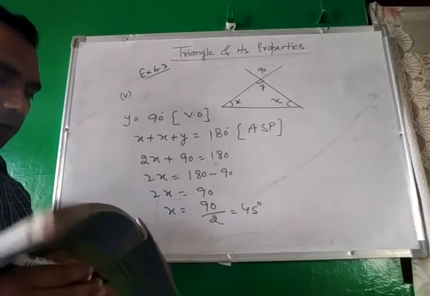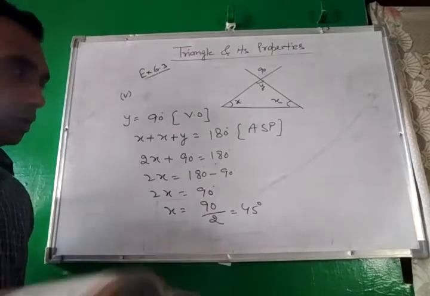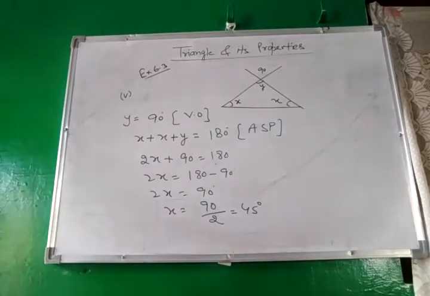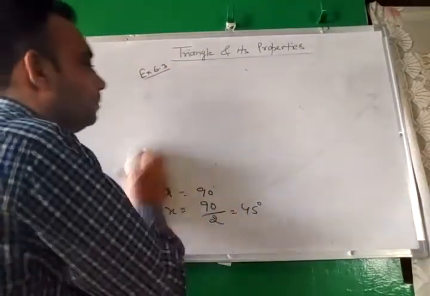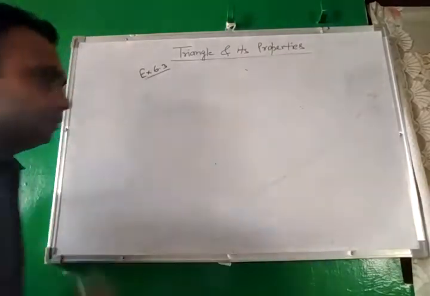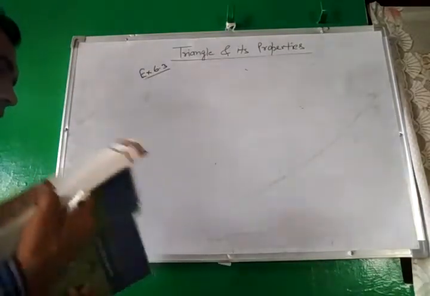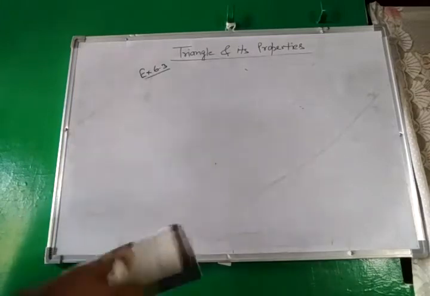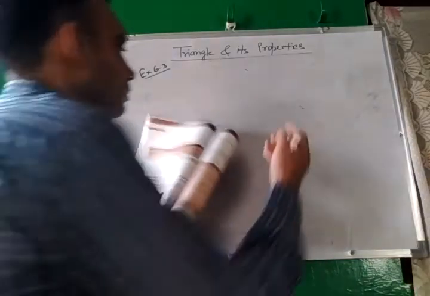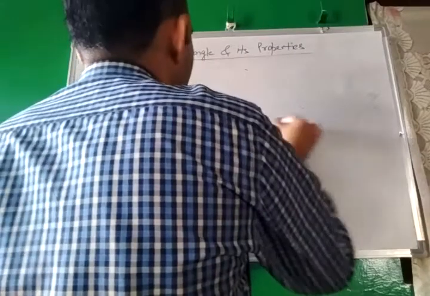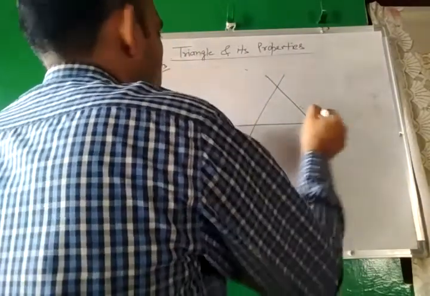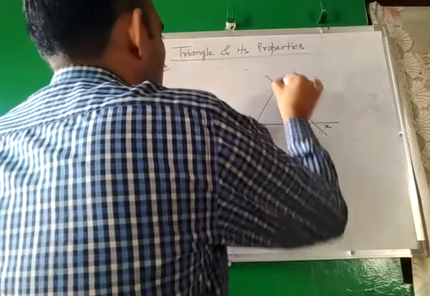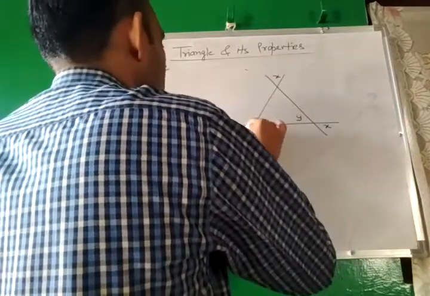And the last part, number 6. Part number 6. This is given. This angle is x, this is y, this is x, this is x.